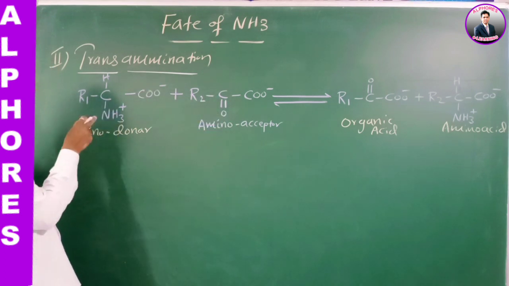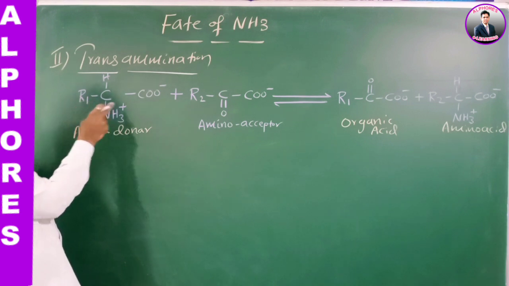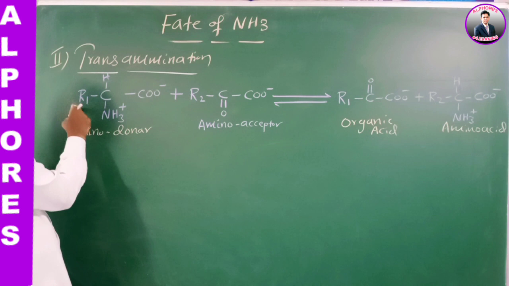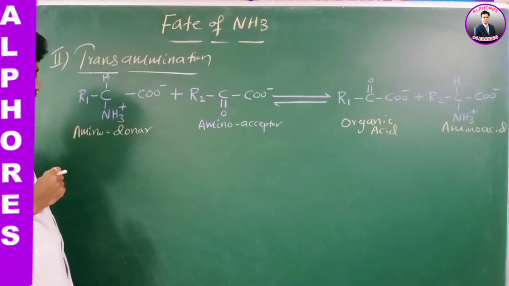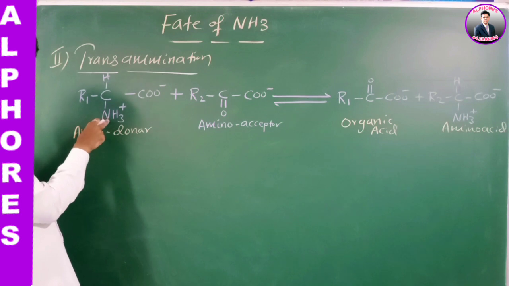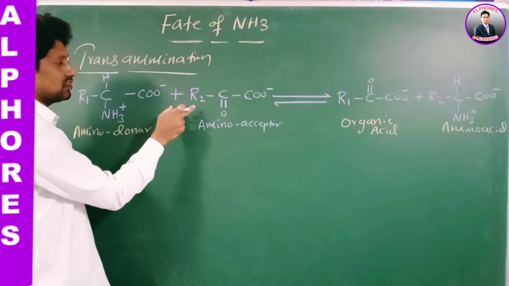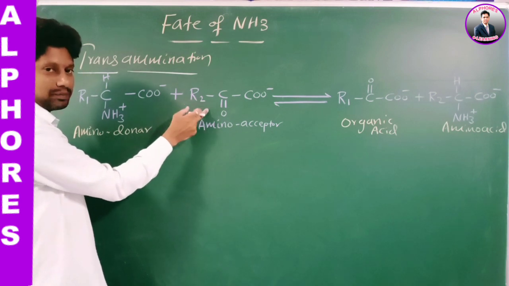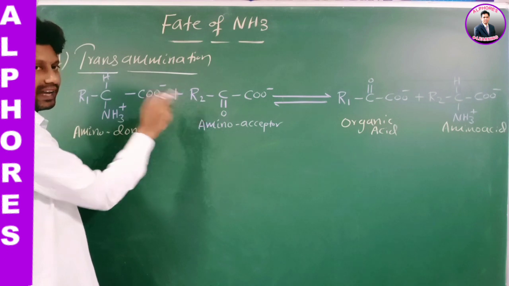One compound is donating the amino group. Therefore this compound is the amino group donor. This amino group is accepted by this compound, so this is the amino group acceptor.